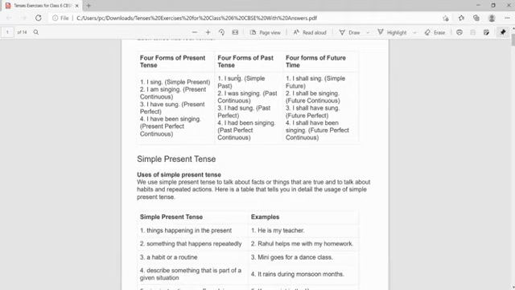If I am talking about past, it is simple past, past continuous, past perfect, and past perfect continuous. Similarly, if you talk about future tense, you have simple future, future continuous, future perfect, future perfect continuous.